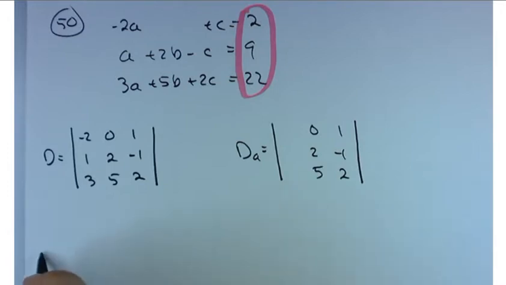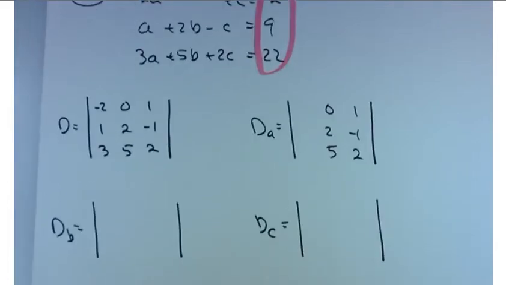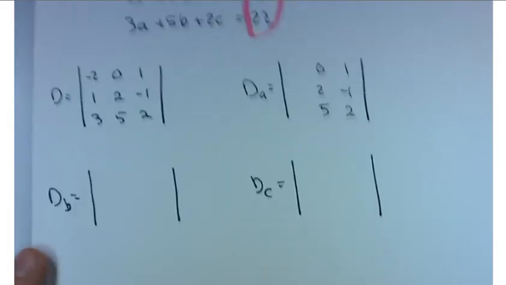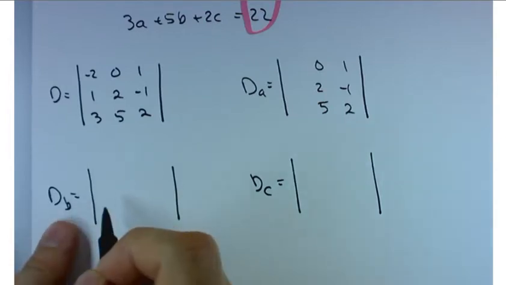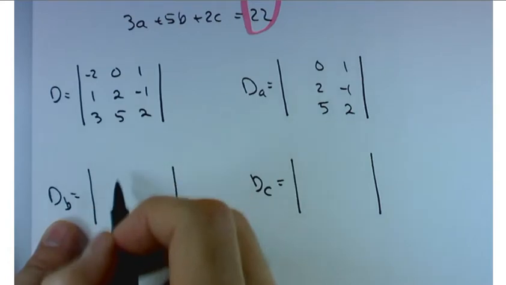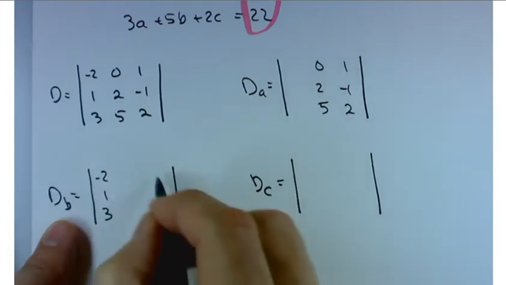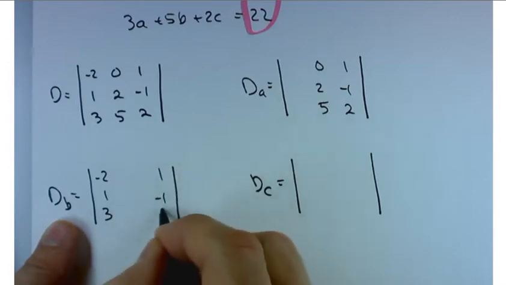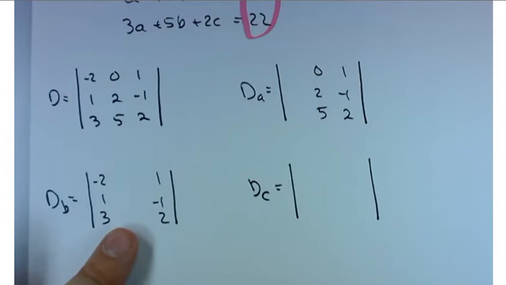And then I'm going to want D sub B and D sub C. All right, somebody caught that. So for this third one, I'm going to use the first column and the third column, and again, I need to fill in the middle column.